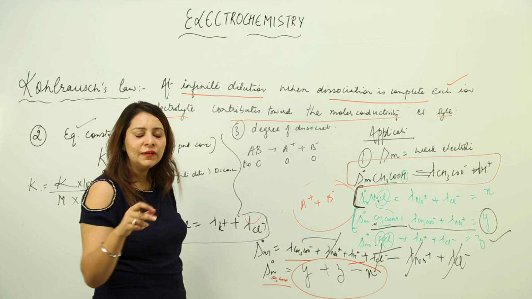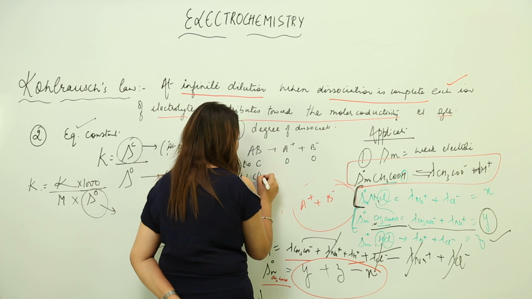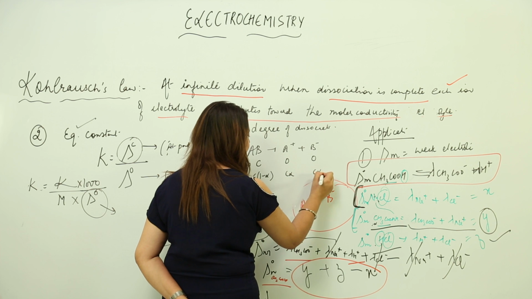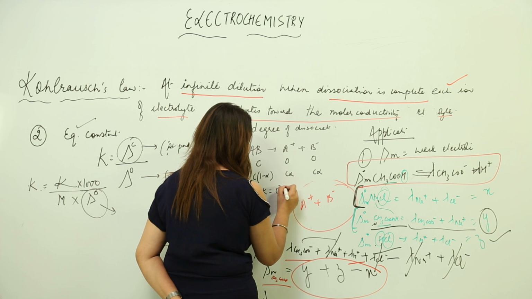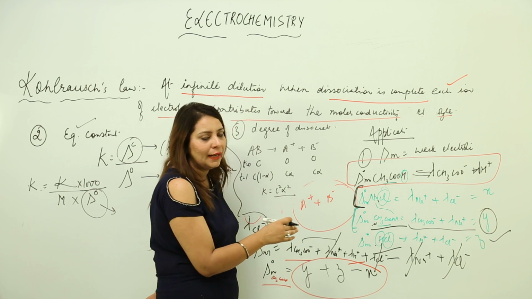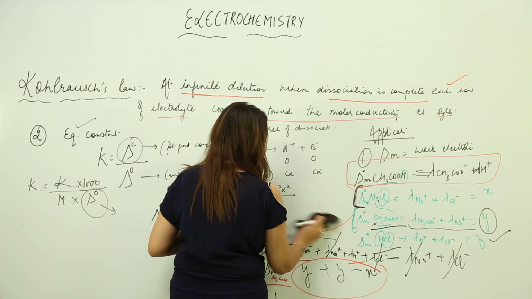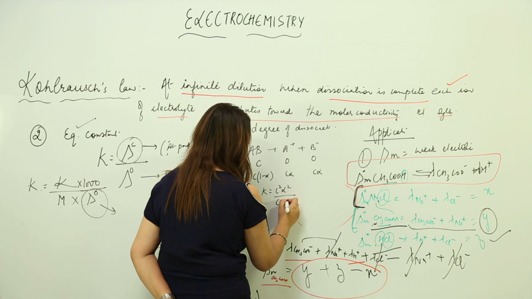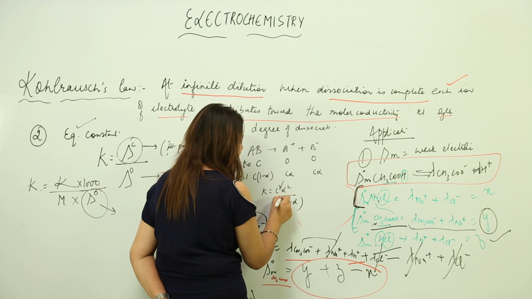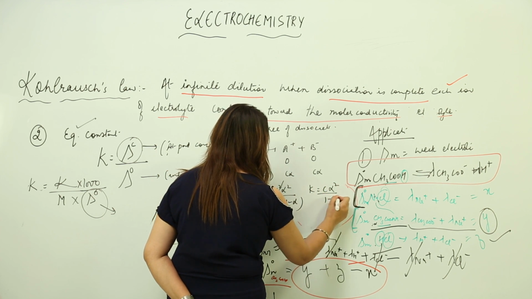So now if alpha is the degree of dissociation, let's say that at time t it gets dissociated to this and C alpha is formed. So if we write the expression for K, it becomes C square alpha square. This we have already done in equilibrium, right? So if you have any doubt, just refer to the equilibrium slide. So it is C square alpha square divided by C into 1 minus alpha. C cancels out. So K is equal to C alpha square over 1 minus alpha.